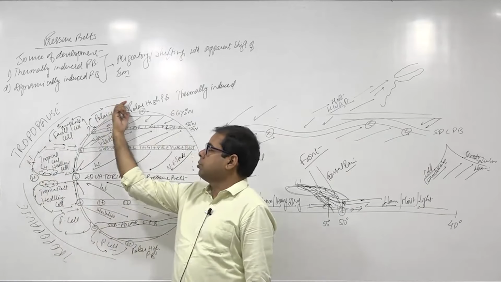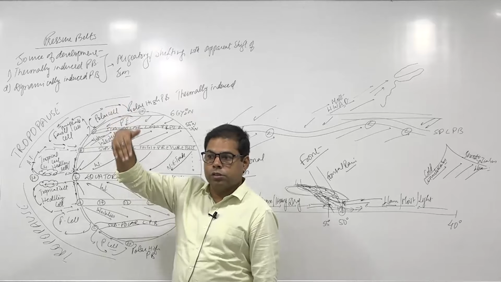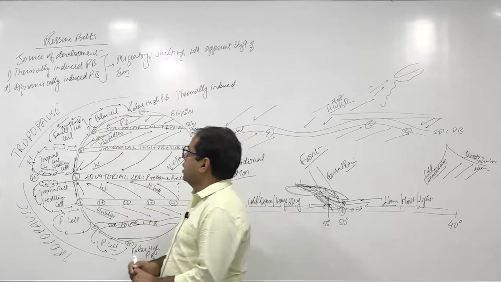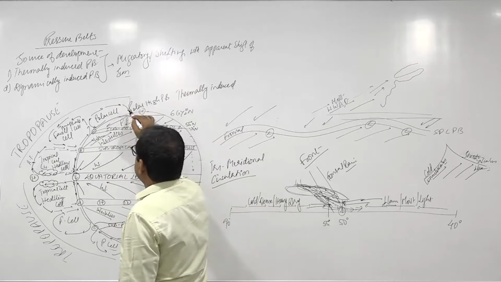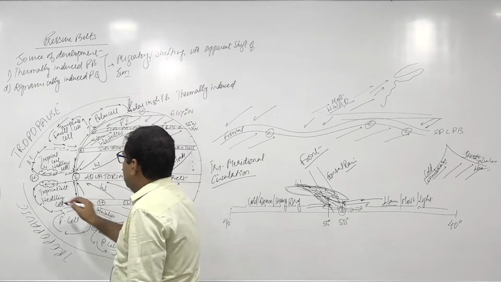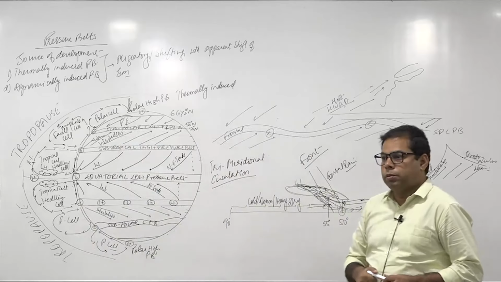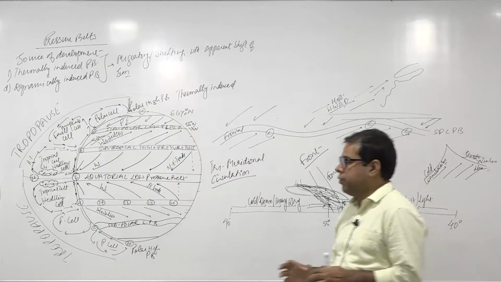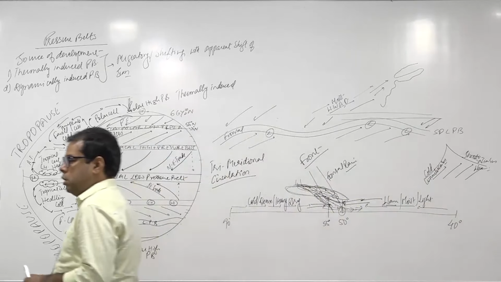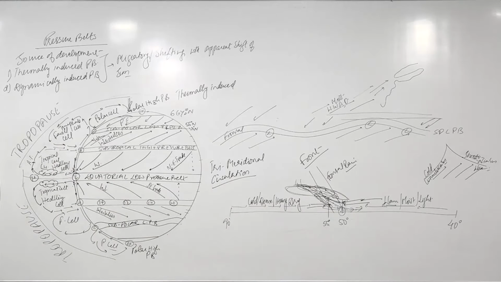Here the height of the troposphere is less because of subsidence of air. So here the height of the troposphere is only 8 km. Here the height is about 16 km. Understood why? Why is this height differing in the troposphere over the equator and the polar areas? Clear?